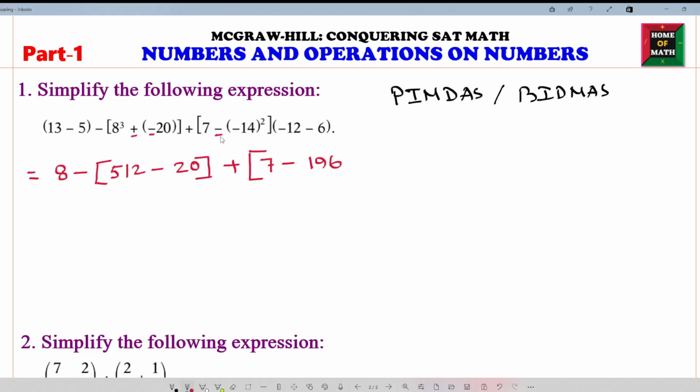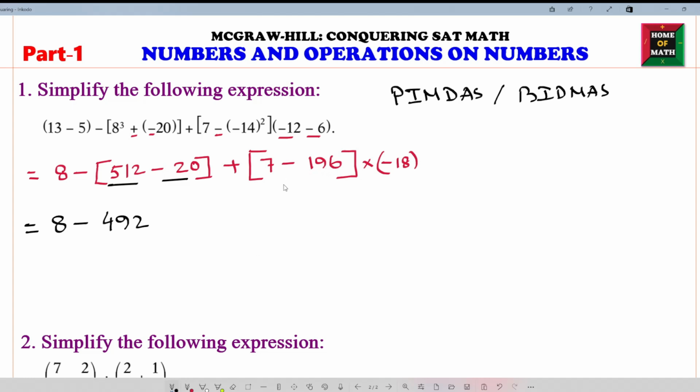So here is 196 and before it the minus sign, then the bracket closes, and here is minus 12 minus 6, which will be minus 18, right? Then 8 minus 512 minus 20 will be 492, right? Then here is plus, but 7 minus 196 will be 189, so minus 189.